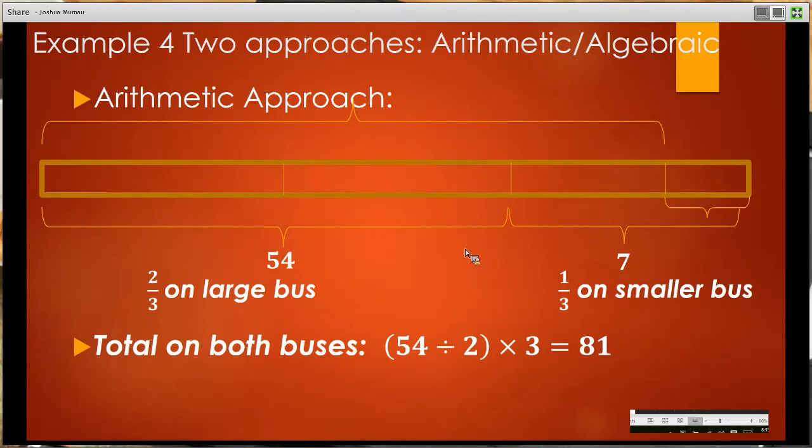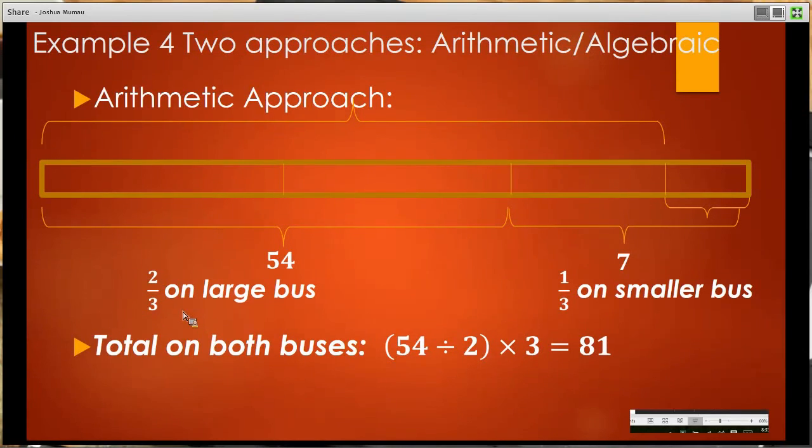Where did we get 54 divided by 2 and then times 3? It was from the fraction 2/3. We took 54 and we divided it by the fraction 2/3. If you take 54 and divide it by 2/3, you get 81. A way you can do that by hand is we could technically do 54 times 3/2.